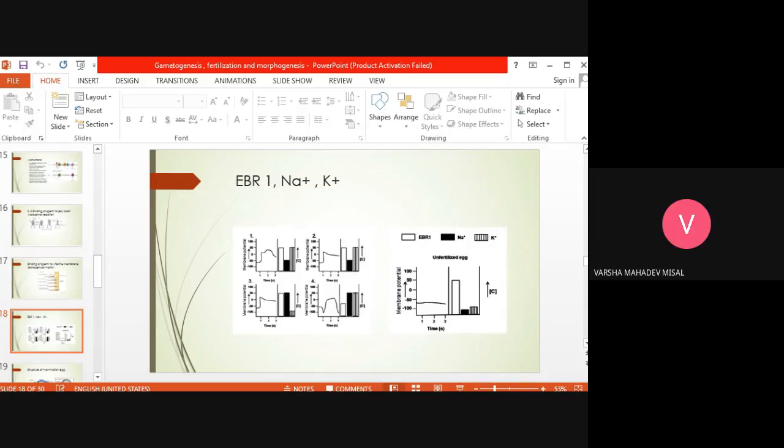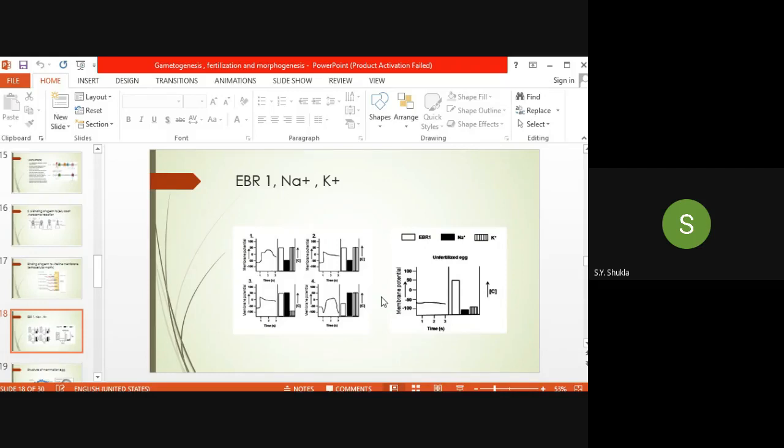Ma'am, please repeat once more. Okay. This is the graph for the unfertilized egg, and these are the four options given to all of you. The first, second, third, and fourth graph: you have to find which graph is correct for the fertilized egg.